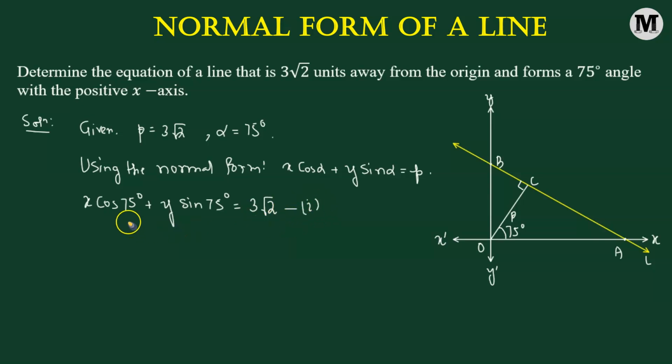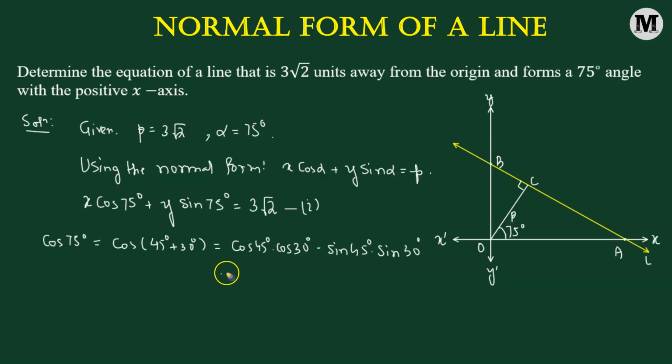Our next task will be to obtain the value of cosine 75 degrees and sine 75 degrees. Let's begin by first computing cosine of 75 degrees. We can break down 75 degrees as the sum of 45 degrees plus 30 degrees. So this becomes the cosine of a compound angle, or we can break it down to get cosine of 45 degrees times cosine of 30 degrees minus sine 45 degrees multiplied by sine 30 degrees.